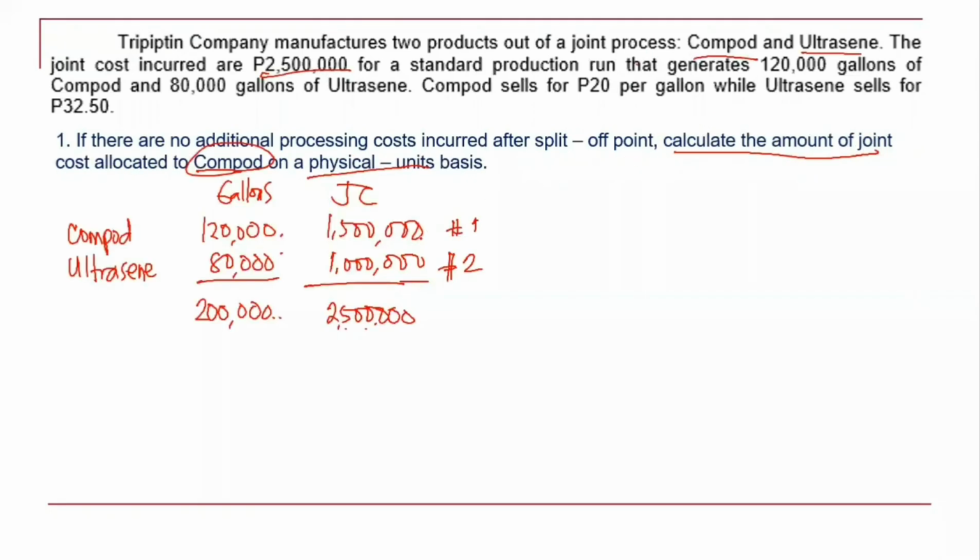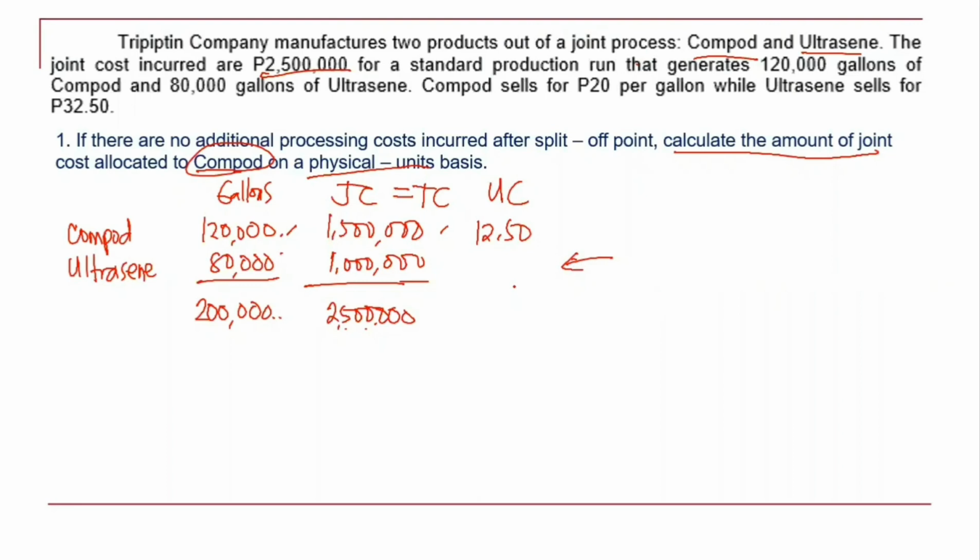So balik lang po tayo. Itutuloy po natin ito. So di ba sabi natin, kung walang additional processing cost, the joint cost is already your total cost. So ang unit cost natin would be 1.5 million divided by 120,000 gallons. Magkano po yun? That's 12.50. Eh ang tanong ay itong Ultrasin talaga.